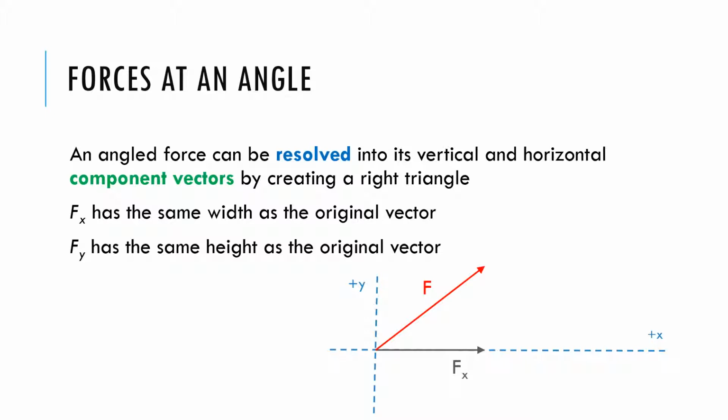There's a horizontal piece to this force, and there's a vertical piece to that force. And we draw it like this. We create a right triangle where my right angle is here. And with that right triangle, I can do some trig, some right triangle math, and solve for what I need.